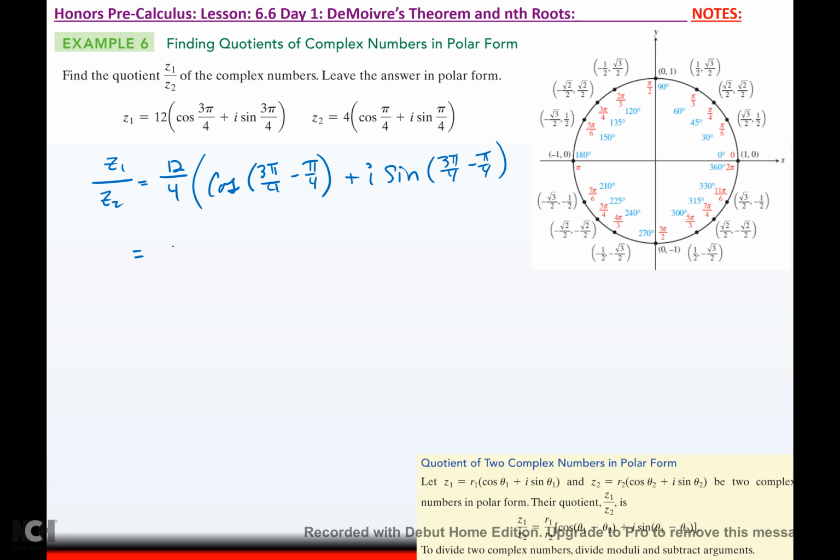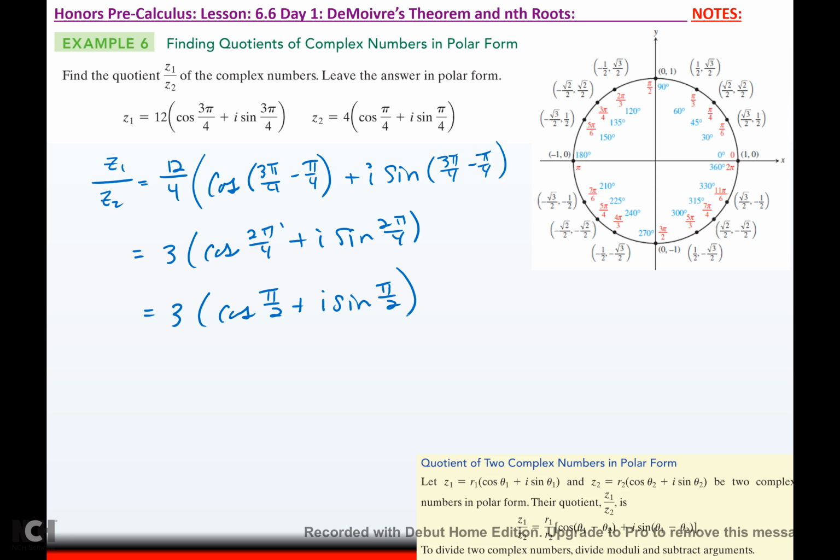So that gives me 3 cosine of 2 pi over 4 plus i sine 2 pi over 4. I can reduce those, which gives me 3 times cosine of pi over 2 plus i sine pi over 2. Pretty easy, breezy, lemon peasy.